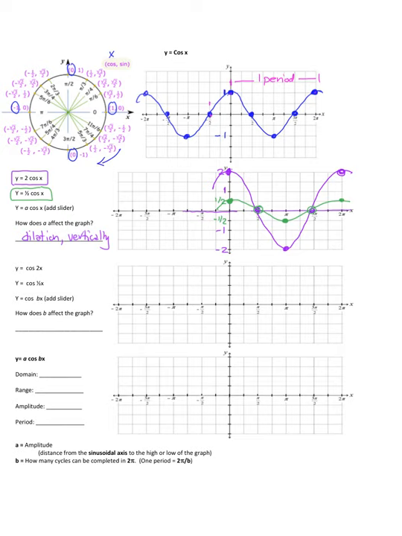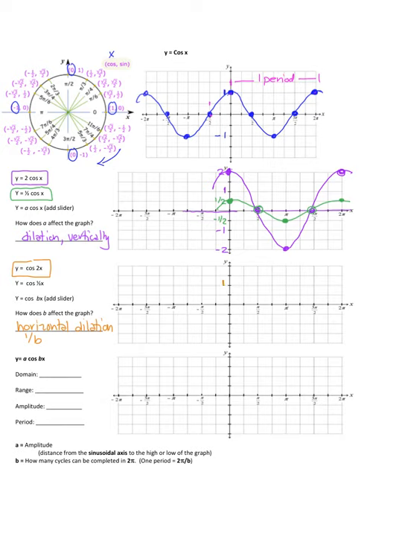All right. And just like before, if you move that 2 inside the function so that it becomes a horizontal dilation, again, it's going to affect it by the reciprocal. So cosine 2x is actually going to be a shrink so that I will be able to complete a full cycle in just pi.